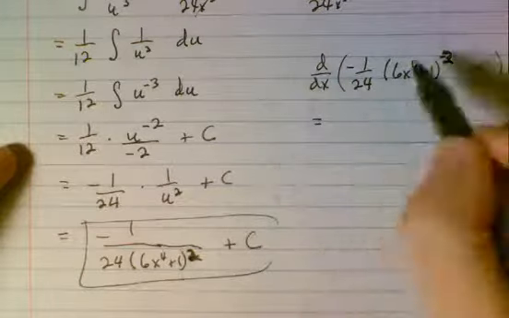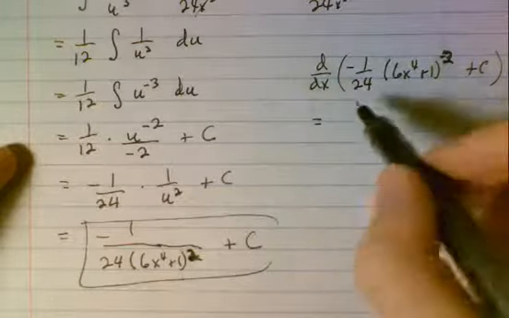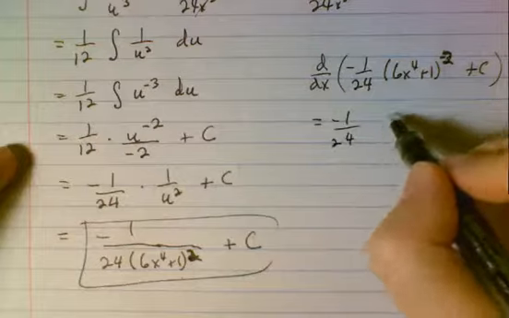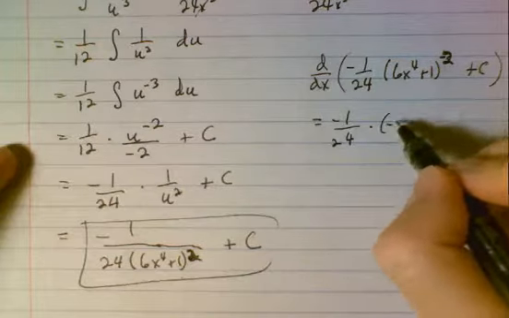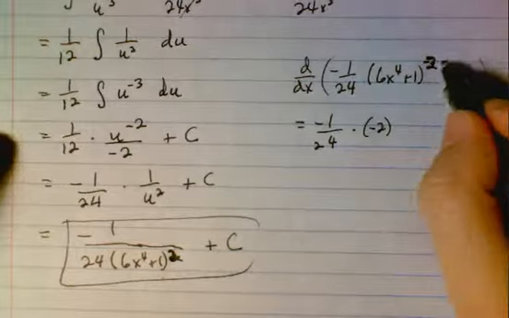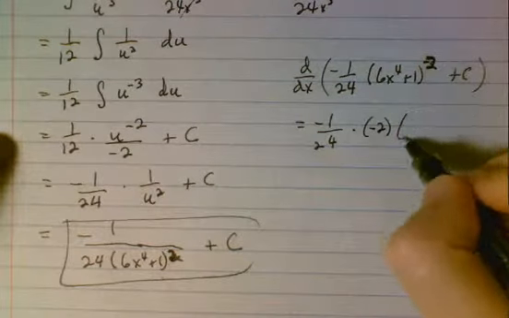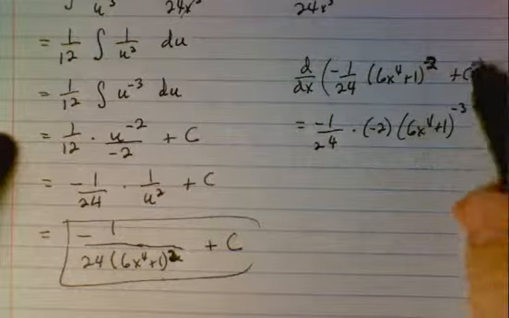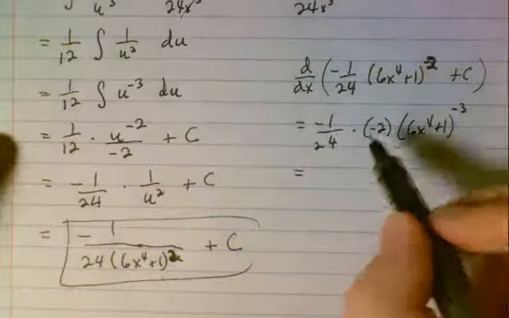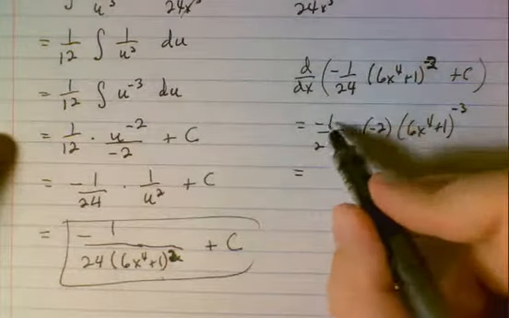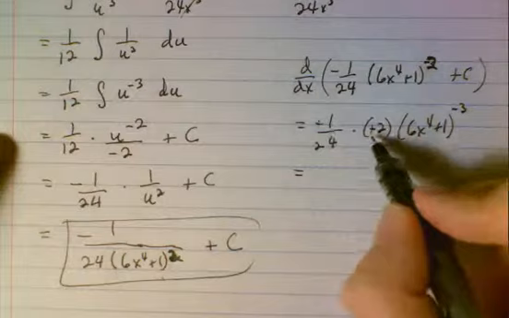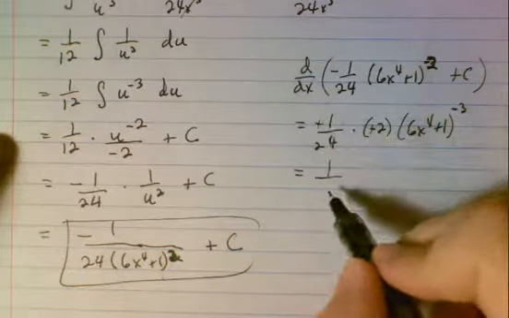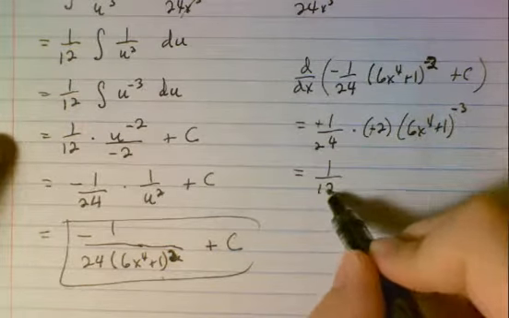This is always a good thing for checking your work to make sure you catch little errors like that. So we have negative 1/24. We bring down that negative 2, subtract 1 from that exponent, and the derivative of c just goes away. So negative times negative is a positive. 2 divided by 24 is 1/12.